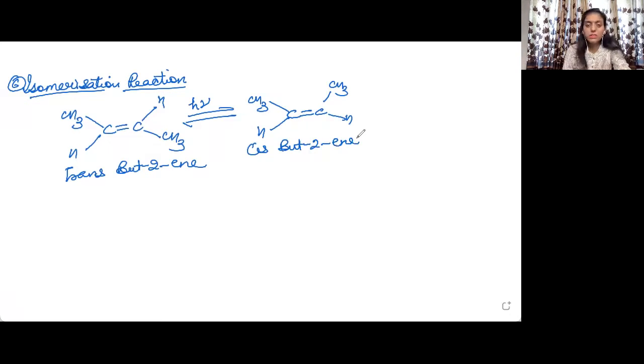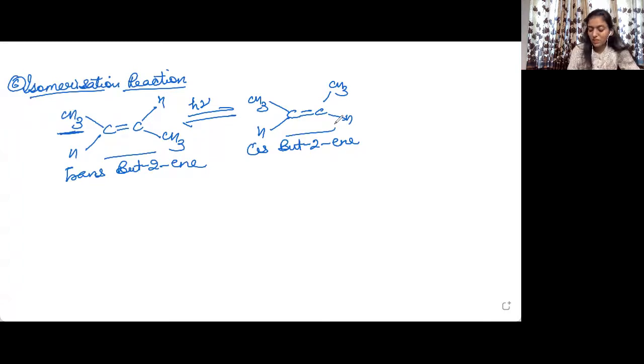Now, what is carbon skeleton and what is the molecular formula? Molecular formula you all must be knowing. If you count the number of carbons and hydrogens in the reactants and in the products, they are going to be the same. That is what we call the molecular formula.